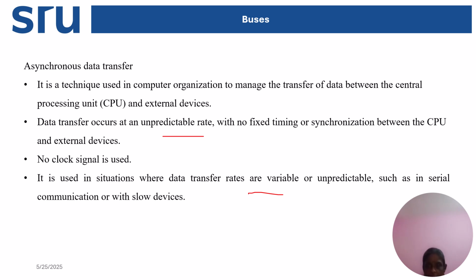Serial communication means the CPU operates on bits in parallel form, but I/O devices operate on the data in serial form, and the data transfer rates are variable. Since the speed is variable, the data transfer rate is also variable. Data transfer rate is equal to the number of bits transferred in one clock cycle, one clock period.